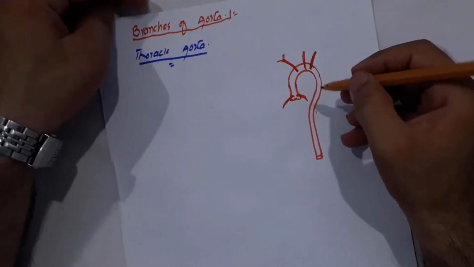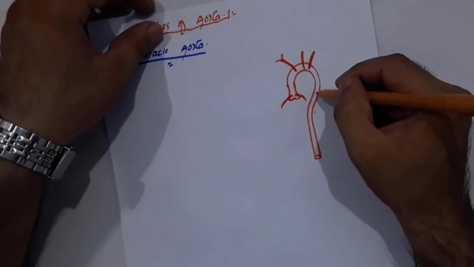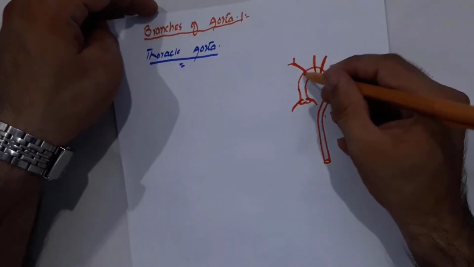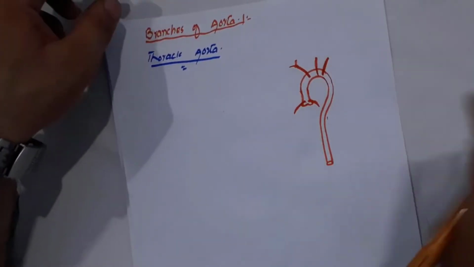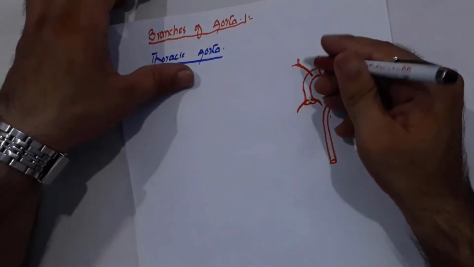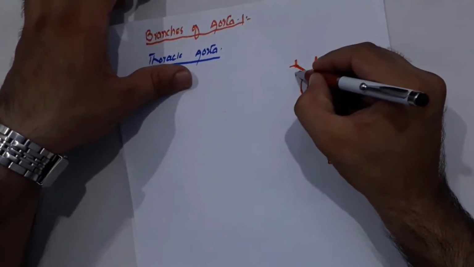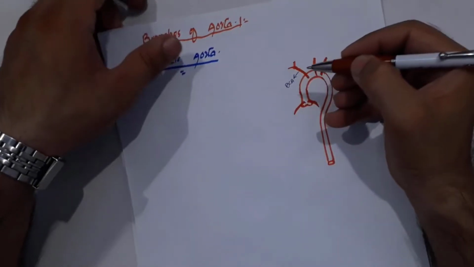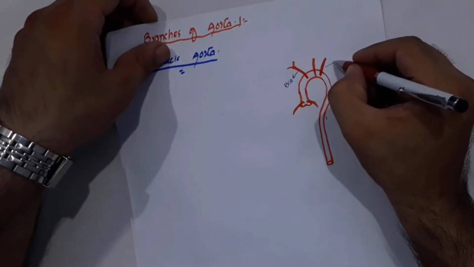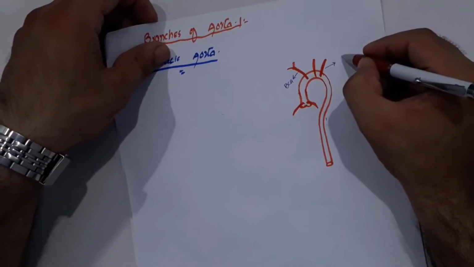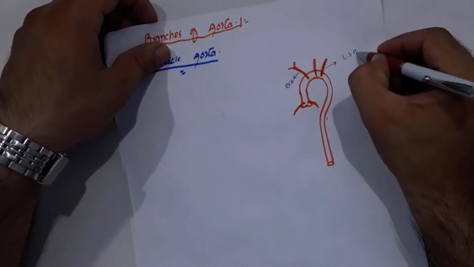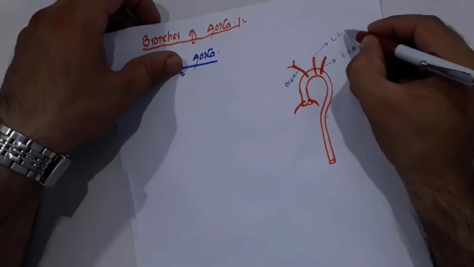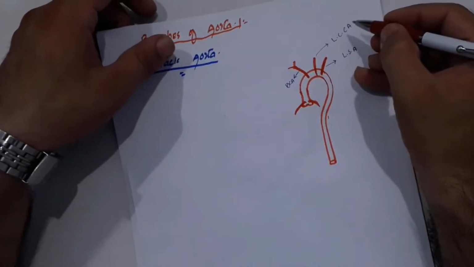We have a very detailed sketch. We will show you all those arteries in a detailed sketch. So let's focus on these three arteries. This one is the brachiocephalic artery. This one is the left subclavian artery, and this one is the left common carotid artery.